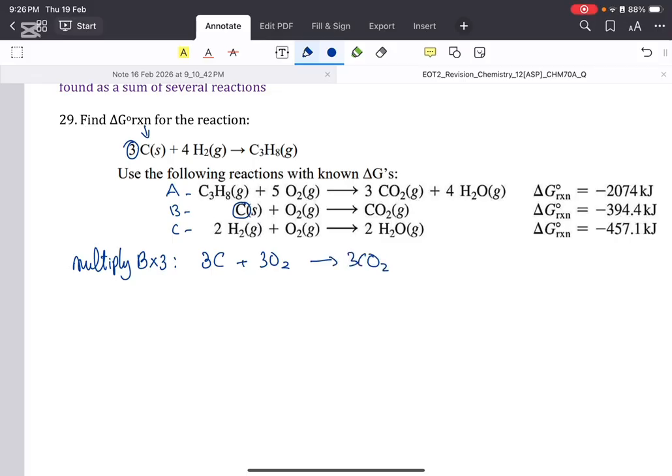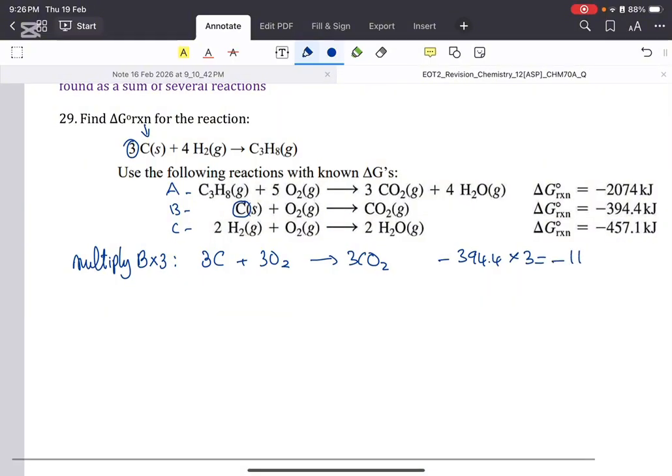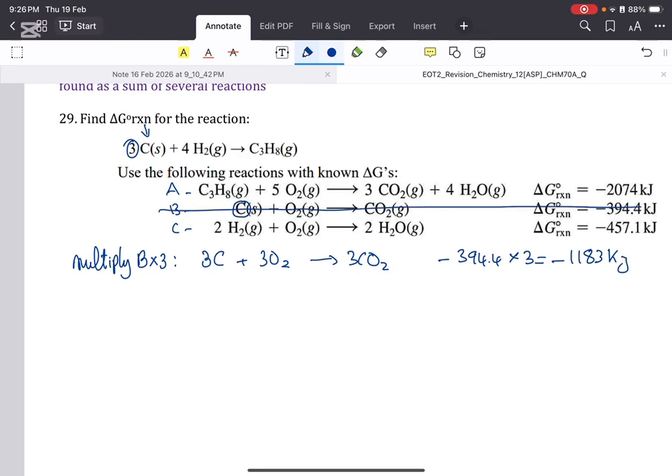When we multiply it by 3, we get negative 394.4 times 3, so the answer is going to be negative 1183 kilojoule. And I'm done with this equation. I'm not going to use it again.